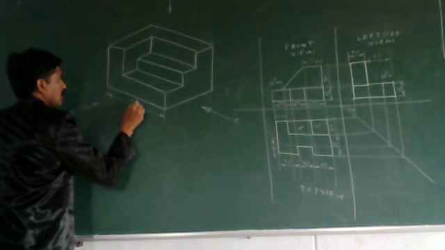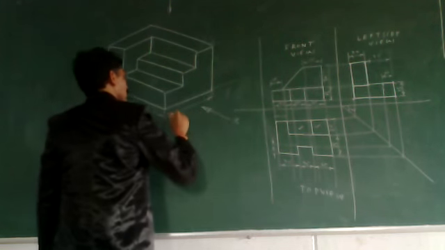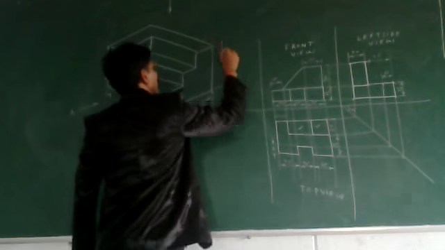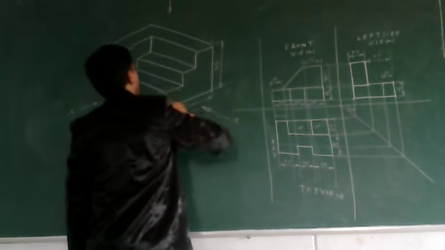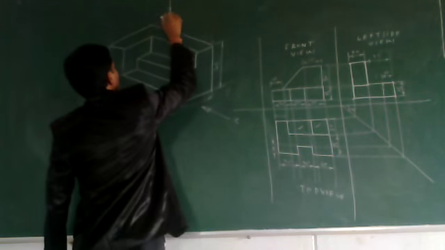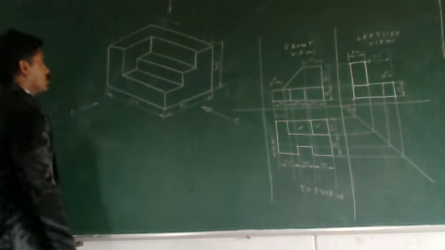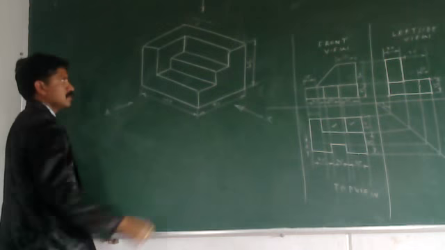This is 108. This is 90. And this dimension is 45. And here this gap is 28. So 108 minus 28 means 80.